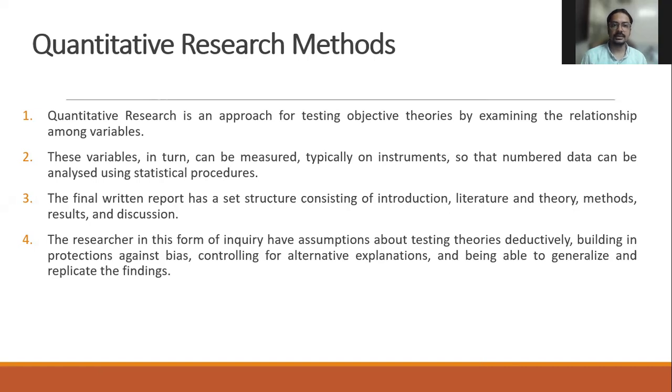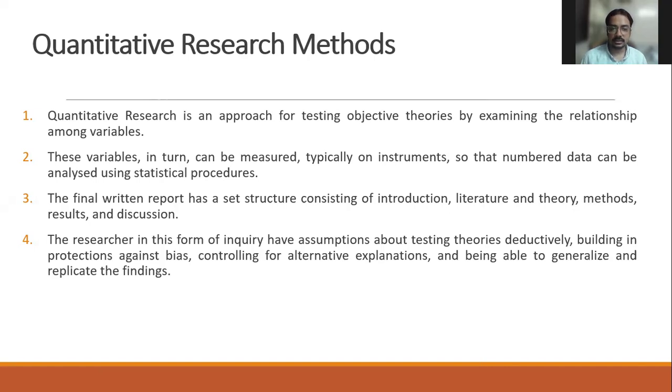These variables in turn can be measured typically on instruments so that the numeric data can be analyzed using statistical procedures. The final written report has a set structure consisting of introduction, literature and theory, methods, results, and discussions.